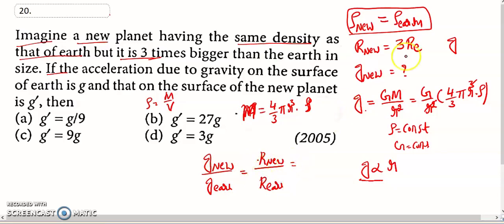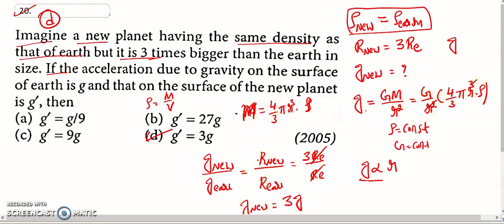The new planet has 3 times RE divided by RE. So RE cancels, and the acceleration due to gravity is 3 times g. So which is the right answer? Option D is the right answer for question 20.